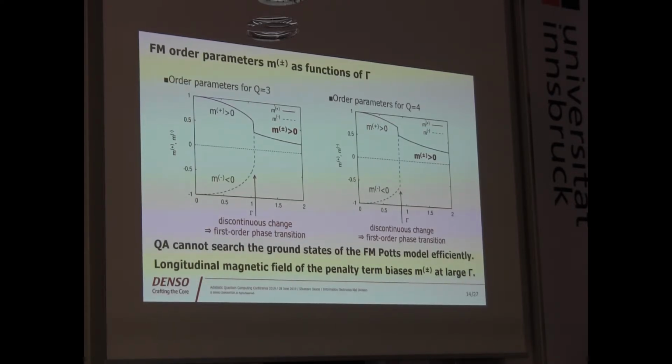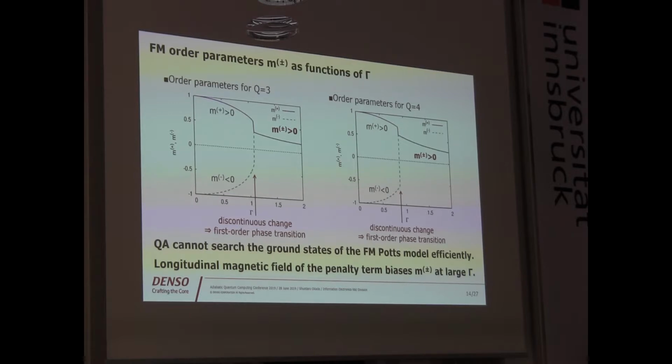These graphs show the ferromagnetic order parameters n± as functions of gamma for q equals 3 and q equals 4. For both cases, n± are positively biased at a large gamma, and they discontinuously change to the positive n+ and the negative n-, indicating the first-order phase transition.